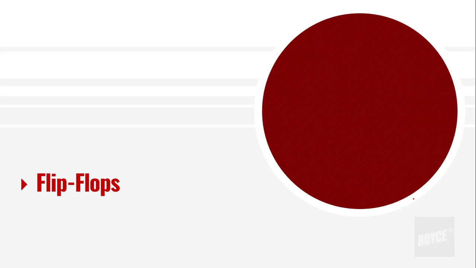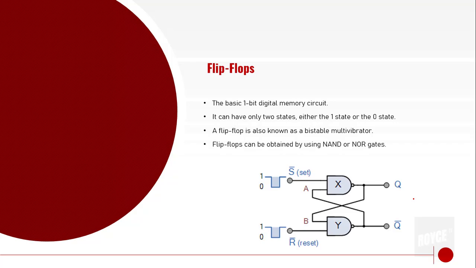Now, the basic sequential logic circuit that we have is our flip-flop. This is actually the basic memory element. Bakit? A flip-flop can store 1 bit of memory.